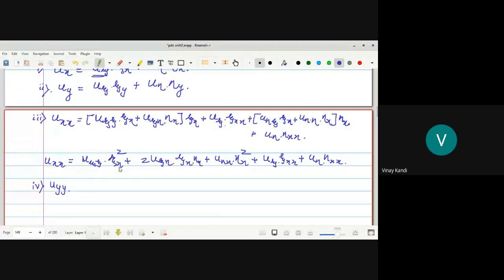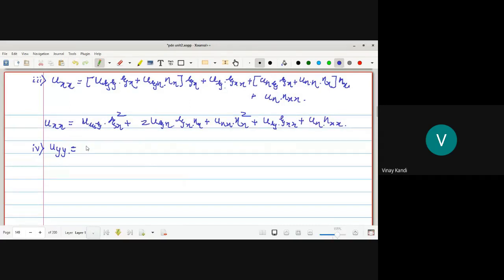We get this one; in place of x here we get y. Here ξ_y square, here η_y square. Wherever there is x, we will get only y. So u_yy is equal to u_ξξ into ξ_y square plus 2 into u_ξη into ξ_y into η_y plus u_ηη into η_y square plus u_ξ into ξ_yy plus u_η into η_yy. So this is the value of u_yy.